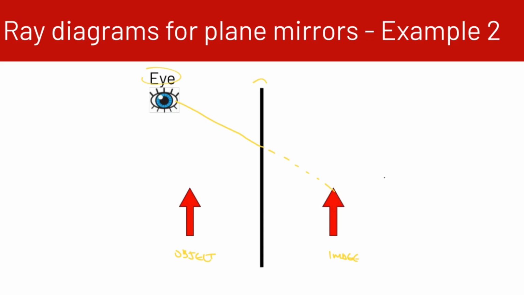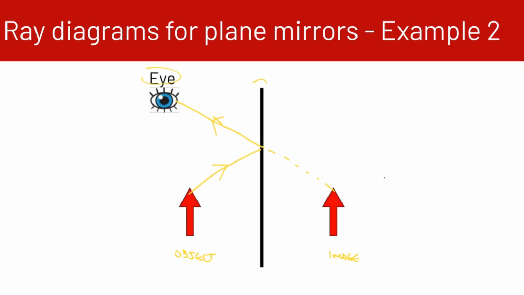And then we draw a line from where the ray from the eye to the image hits the mirror. We draw that reflected ray. There we go. So this is our incident ray, and this is our reflected ray.